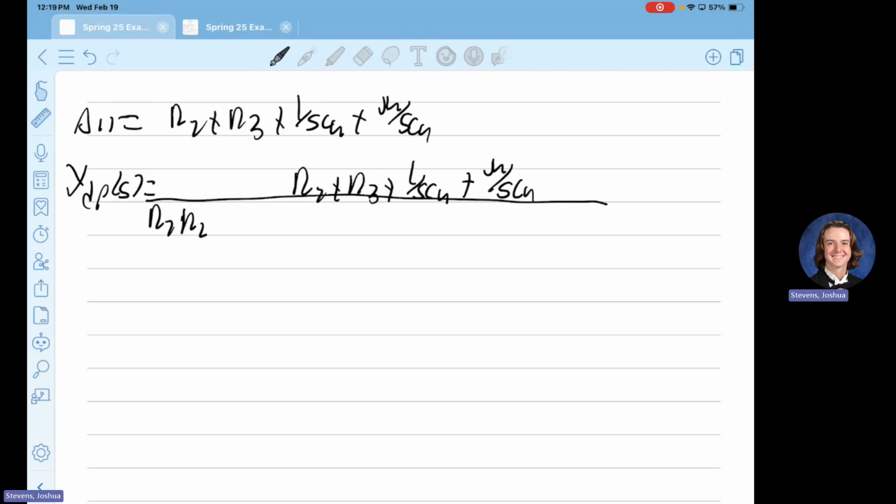So R2 plus R3 times R2 over SC4, plus SL1 R2, plus SL1 R3, plus SL1 times SC over SC4, minus mu SL1 R3. All right. What's our issue? What's our issue?